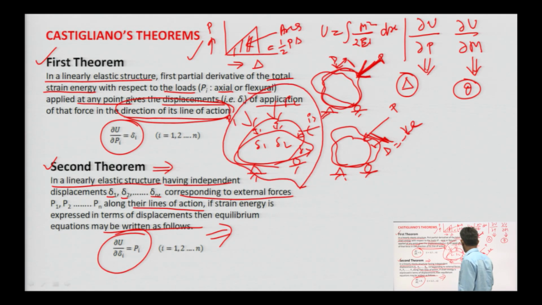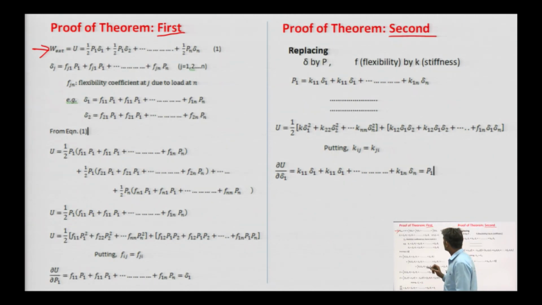Consider this example, where a set of P1, P2 and so on are acting, and delta 1, delta 2, delta 3 are the displacements along P1, P2, P3. So, this is the external work done. Okay. Let us represent the value of displacement.